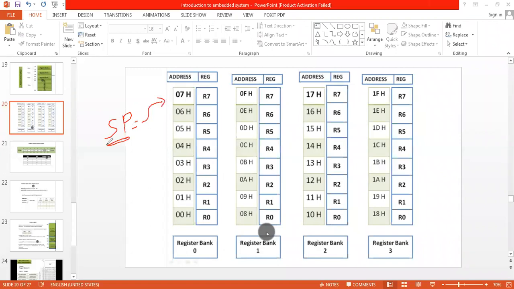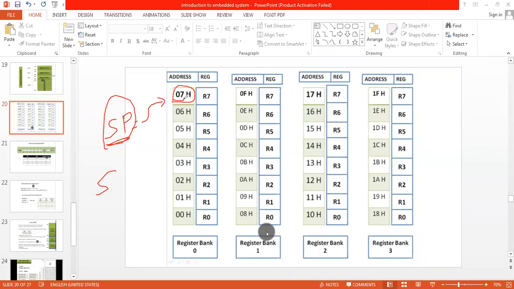It means the stack pointer is also one of the registers. The starting value, the initial value stored into the stack pointer, is 07H. Stack pointer is a register which is always holding 07H in the RAM location.